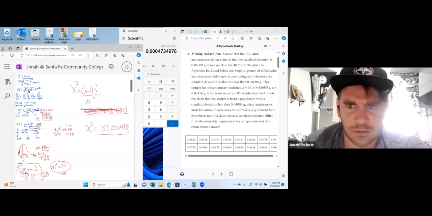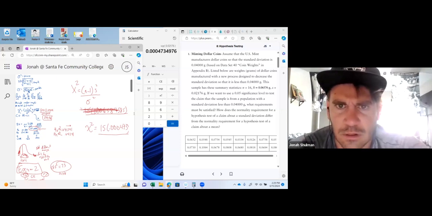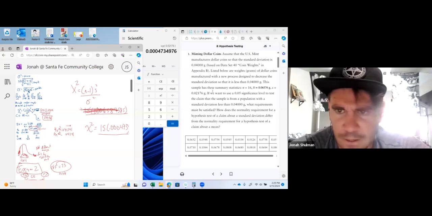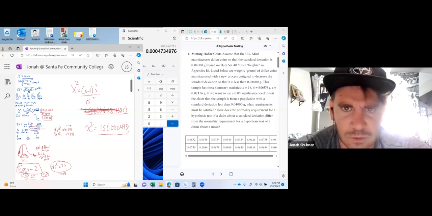Sorry, we already squared it. We took the 0.02176 and squared it. And the bottom, sorry, the standard deviation is 0.04000. So we have to square that.